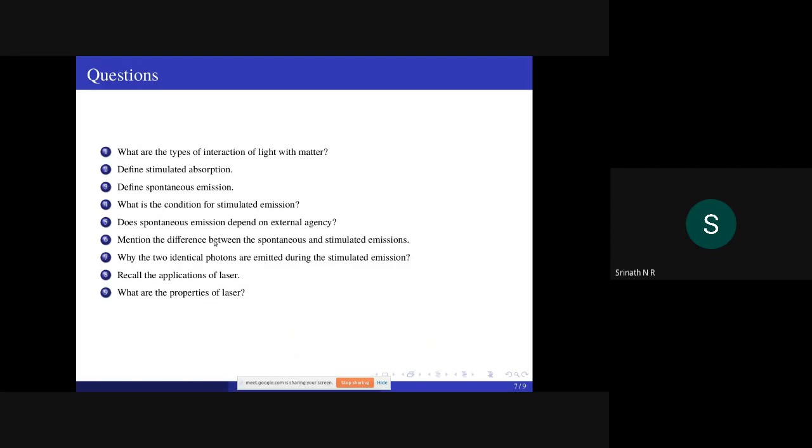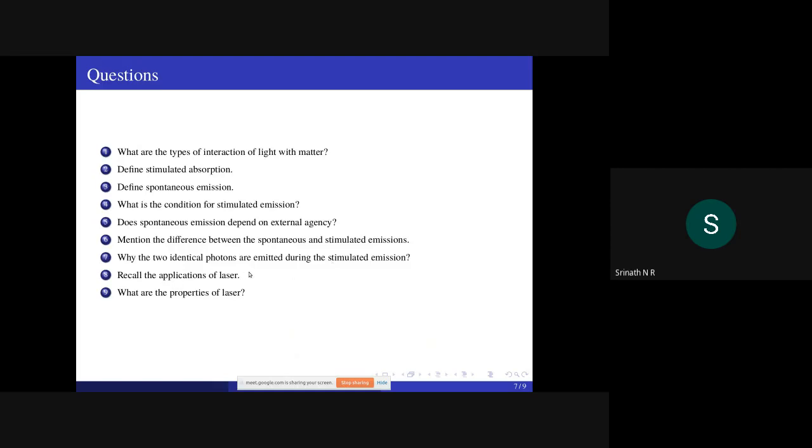In spontaneous emission, the photon is direction independent and incoherent, whereas in stimulated emission, it is direction dependent and coherent. Why are two identical photons emitted during stimulated emission? One photon is the consequence of the photon absorbed during excitation, and another photon is due to the photon interacted with the excited atom.